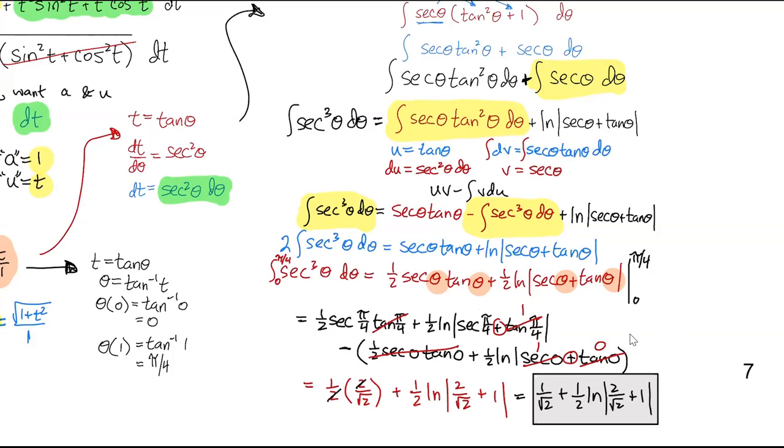Oh, I'm sorry, that all canceled out because secant of 0 is equal to 1, and the natural log of 1 is equal to 0. So that last bit, this natural log is actually from the top. Okay, thank you. Yeah, no problem.